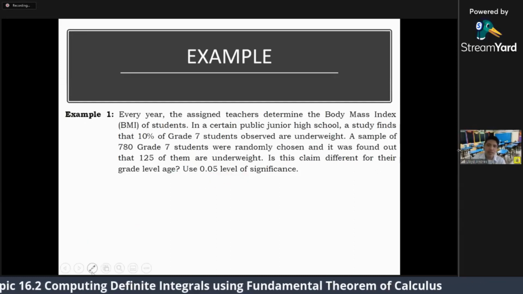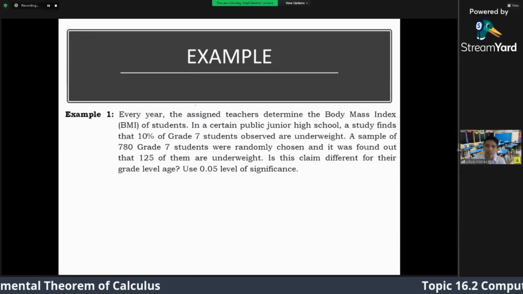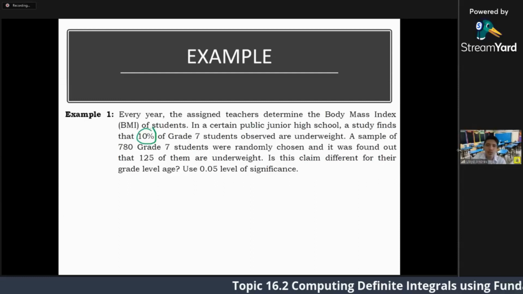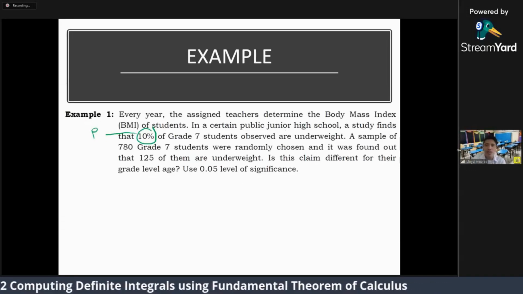Based on the problem, let's try to determine the given data. This 10%, what is it? This is actually our population proportion because a study finds, based on a previous study.